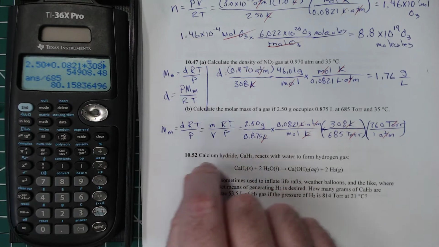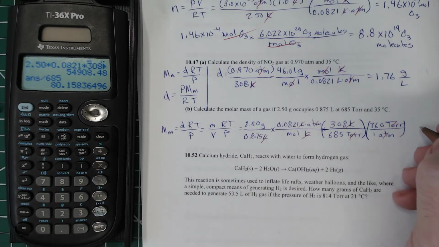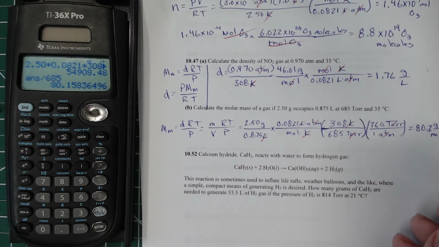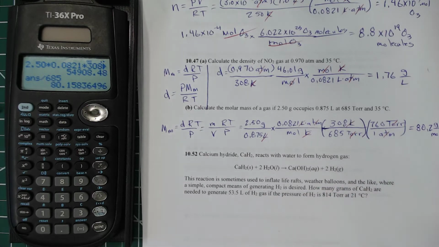And that gives us, with 3 sig figs, 80.2 grams per mole. And that is going to be our molar mass of that particular gas. So we don't know what that gas is, but since we now know the molar mass of it, that will give us more information.